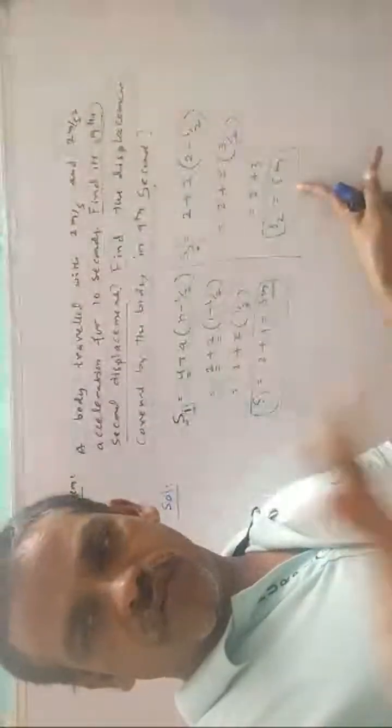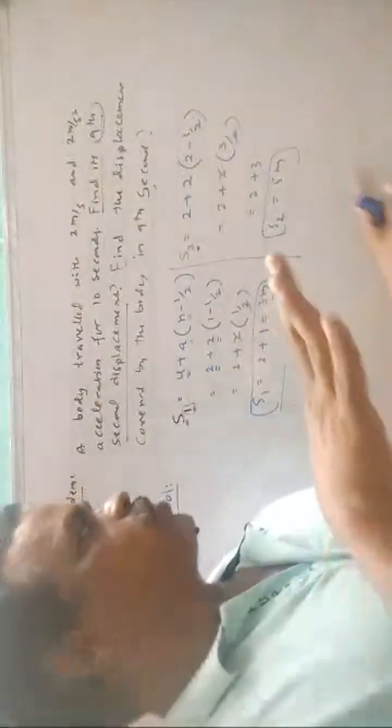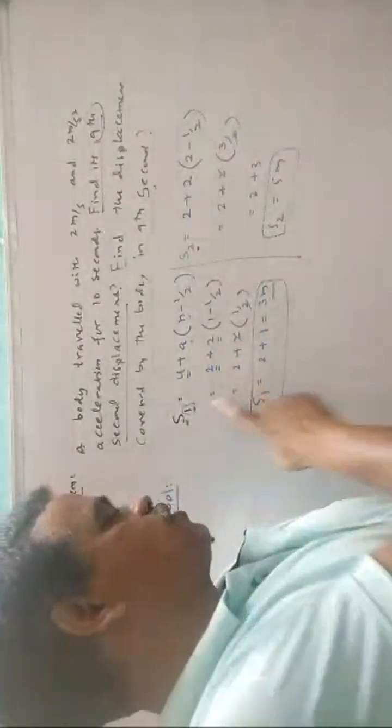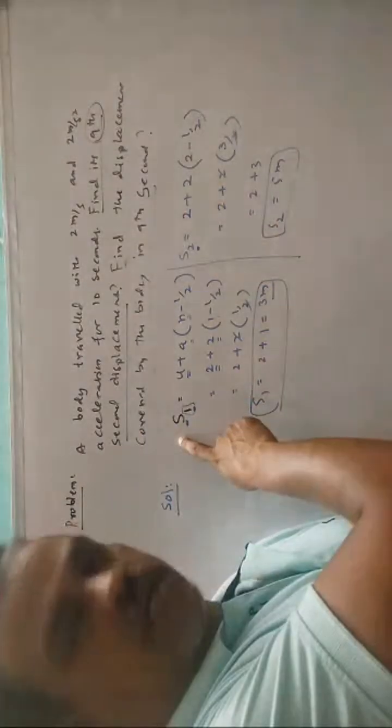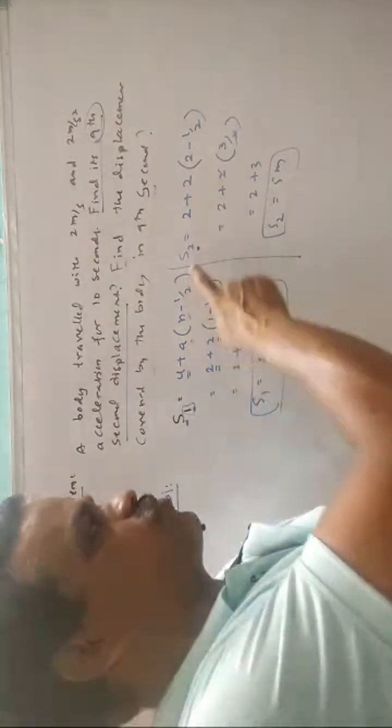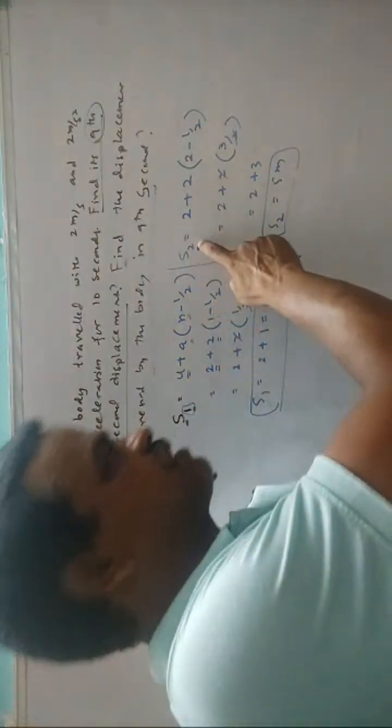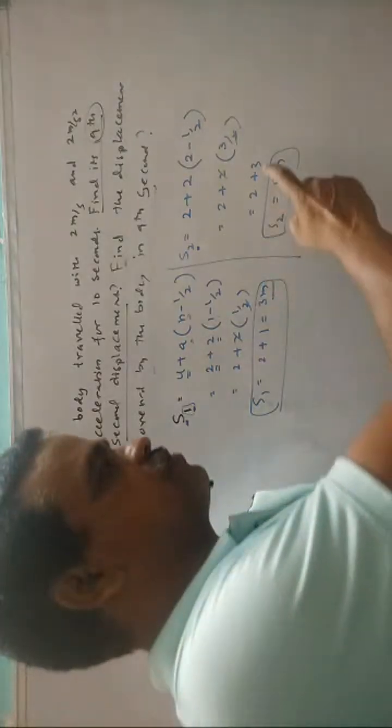Good, you did well. Because you got the answer 5 meter, I calculated here also 5 meters. So we calculated S1 displacement equal to 3 meter, S2 equal to 5 meter, the displacement covered by the body in first second and in second second.